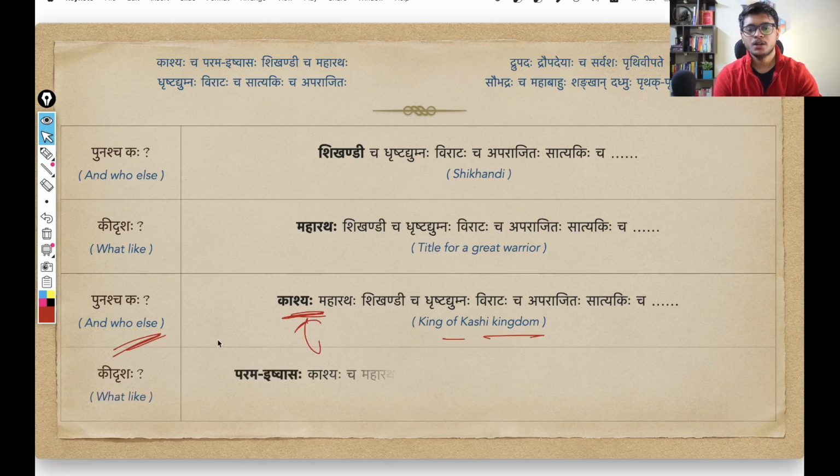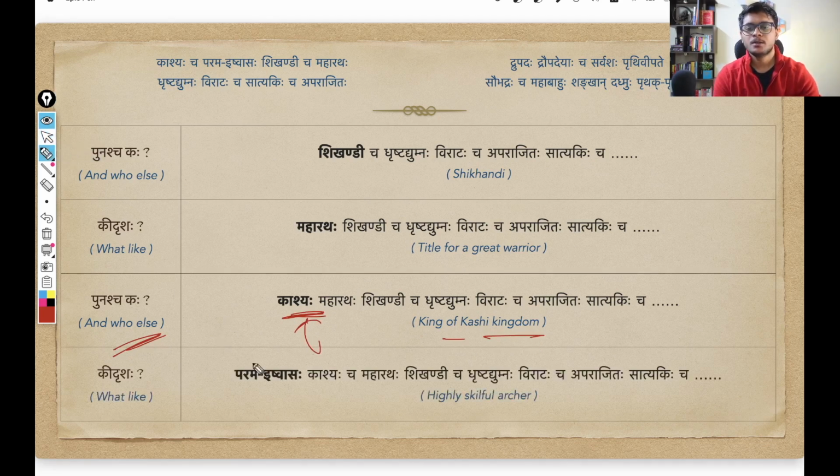And in the shloka, he is described as Parameshwasaha. Parameshwasa is composed of two words, Param plus Ishwasaha. We use the word Param to denote that someone's skill is of the highest order. And Ishwasaha simply means archer. So Param plus Ishwasa combines into Parameshwasaha, which simply means an archer of the highest skill, a very skillful archer.